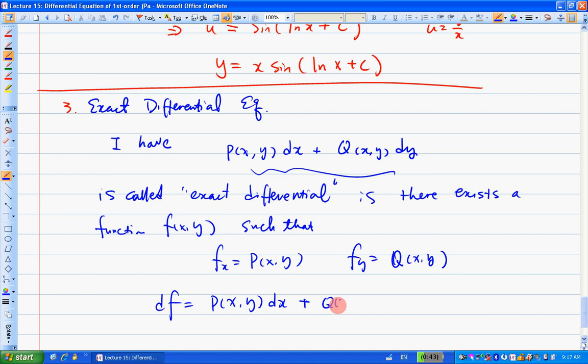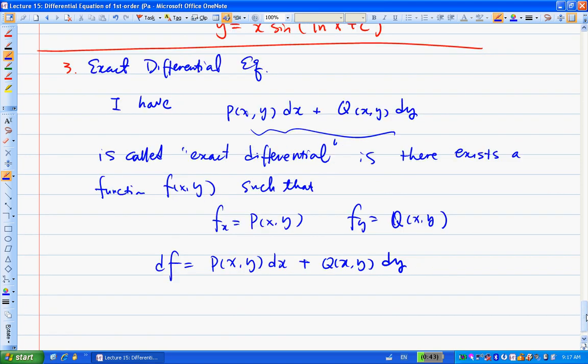Or basically, this is a total differential of this function f. So that's exact differential. It's just a different name.